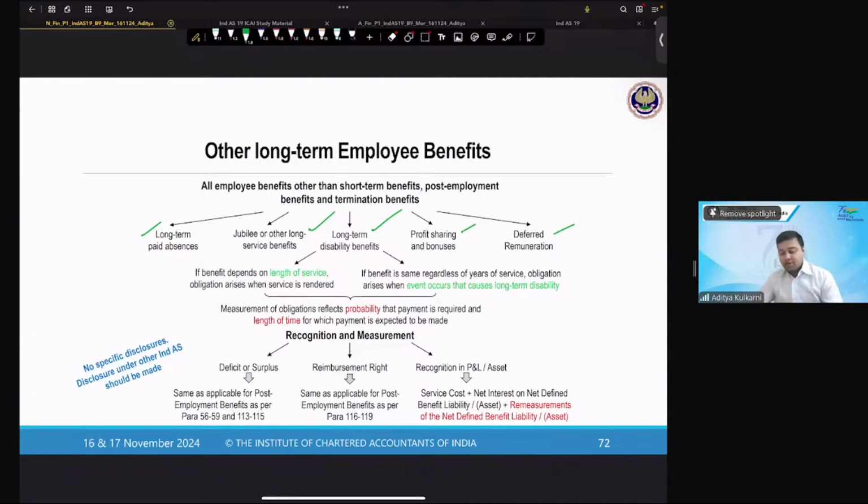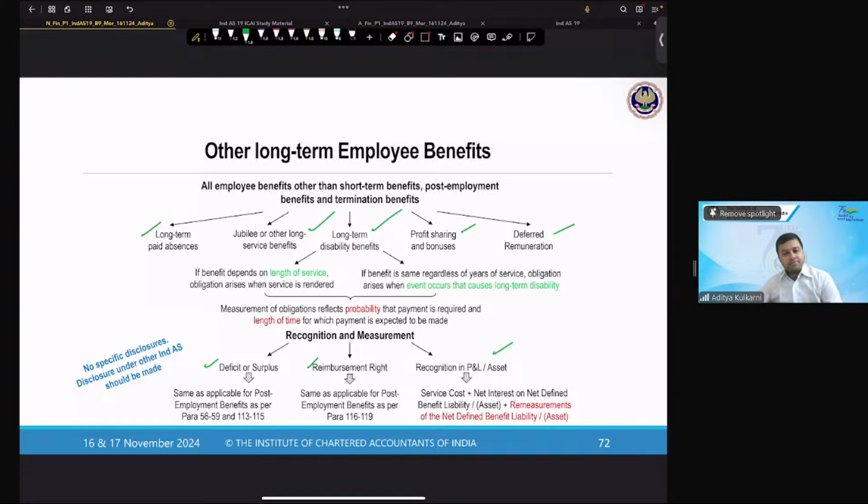Okay. So the same thing happens. Here you have a deficit or surplus if you are creating a plan. Reimbursement rights, what we studied, the same thing applies. Recognition in P&L and asset, same as what we discussed. Service cost, net interest on net defined benefit liability plus remeasurements. So everything is exactly as I told you: once one thing is over, the remaining is very simple.